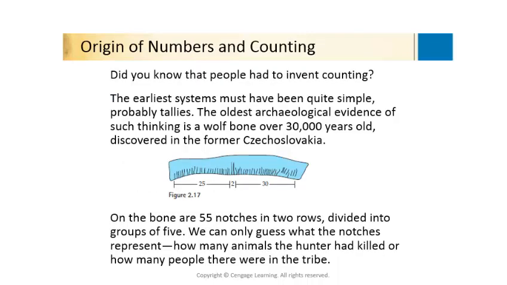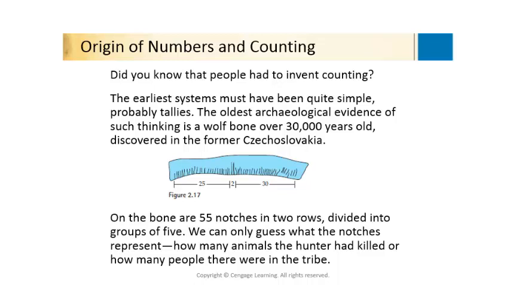To begin with, a little bit of history in counting. Just think about how it all might have happened, and notches would have been a very simple way to keep track of different things, whether that be, as they suggest here, how many animals that you killed, or how many days might have transpired between summer to winter.